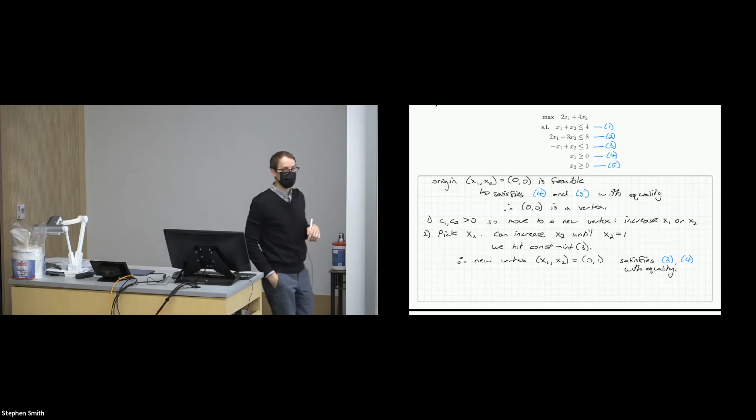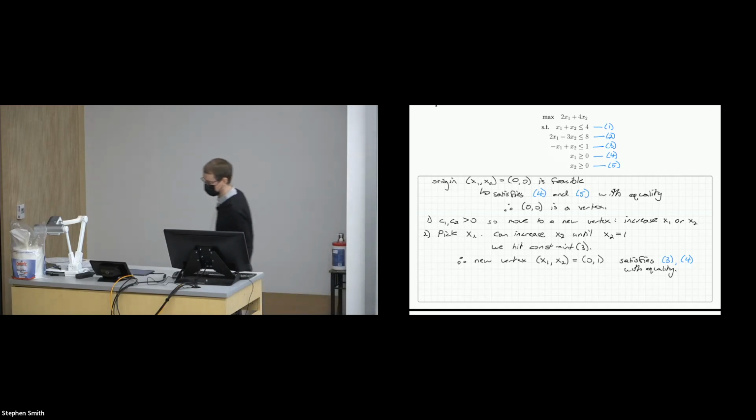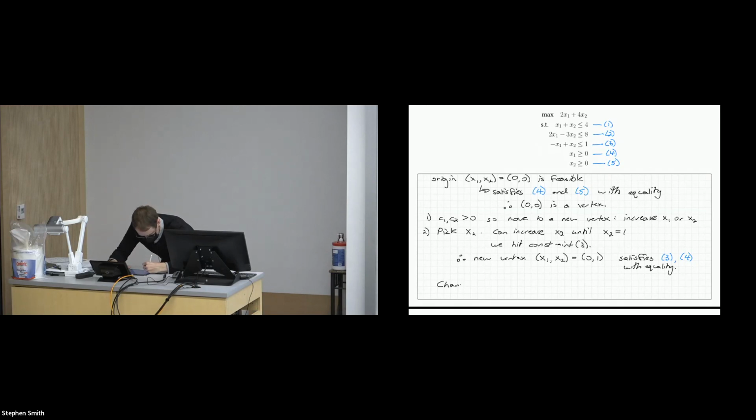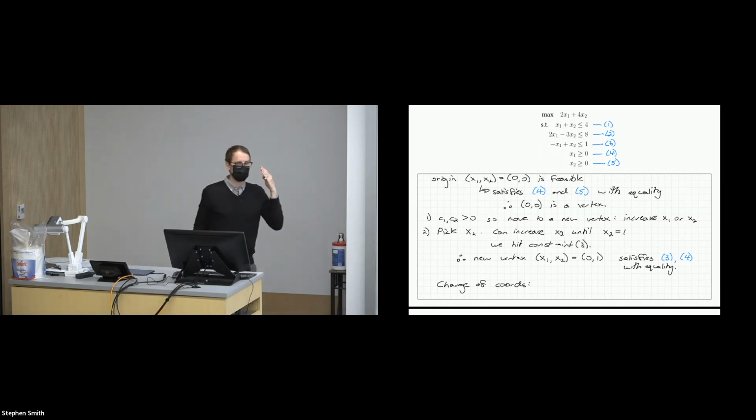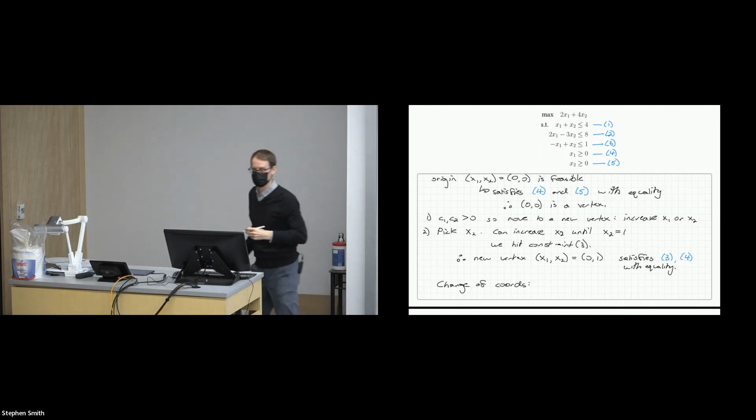So now I do a change of coordinates, right? That was the next step, so I can get back to the origin and do this whole thing again. My change of coordinates is going to be, I take my two active constraints and I define my variable y to be the right-hand side minus the left-hand side of that constraint.